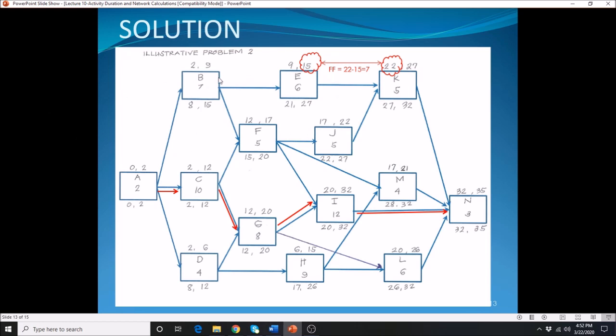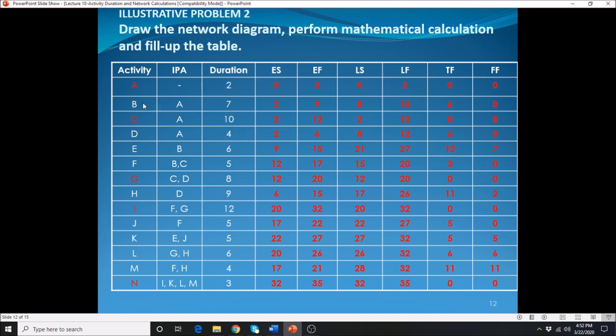The total float of activity B is equal to the difference between your late start, which is 8, and the early start, which is 2. So 8 minus 2, that is 6. Let's take a look at here. So for your B, the total float is 6.